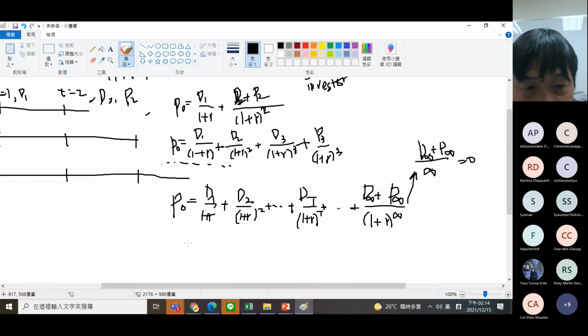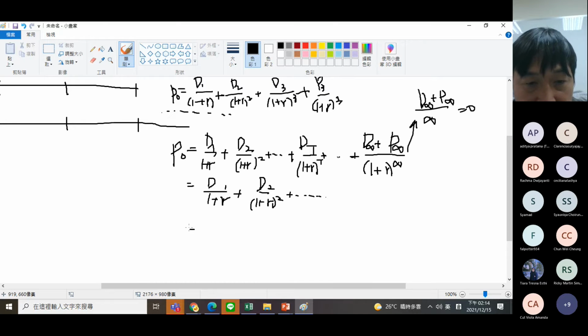So we have a little bit of rearrangement for the equation: the summation for t from 1 to infinity of Dt over 1 plus r to the power t.